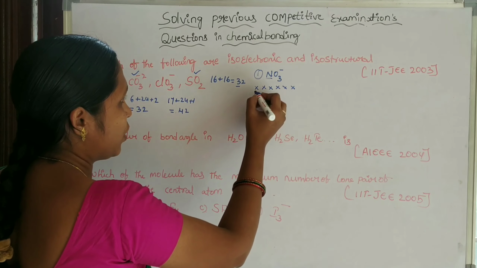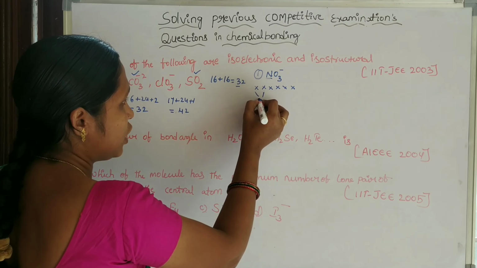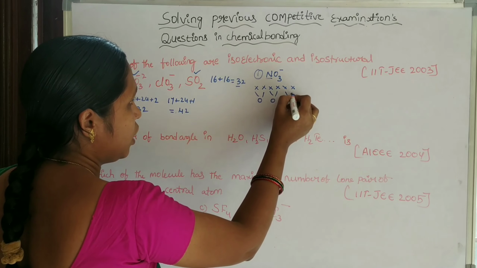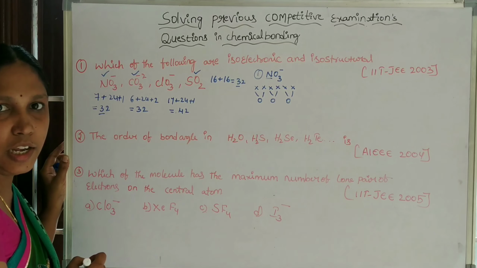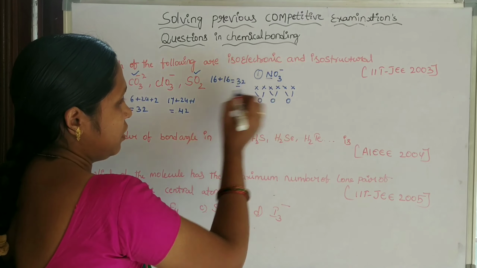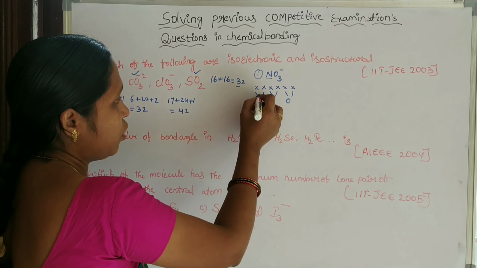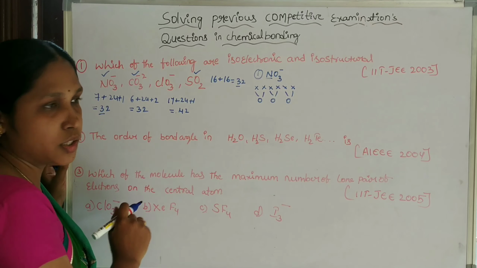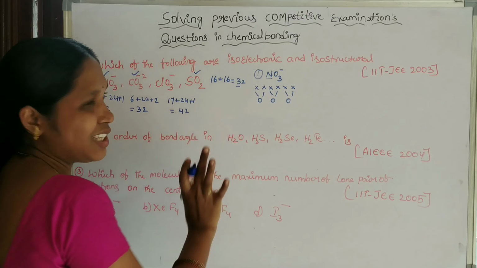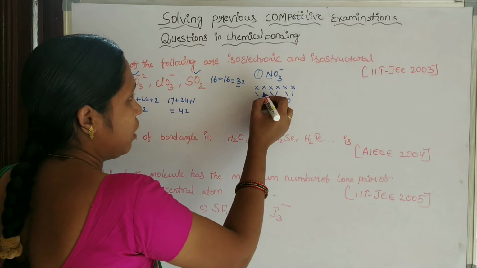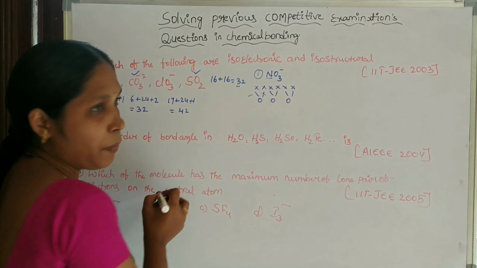So take 6 electrons. Each oxygen has valency 2, so 3 oxygens are bonded with 6 electrons. In that, one is a sigma and another one is a pi.